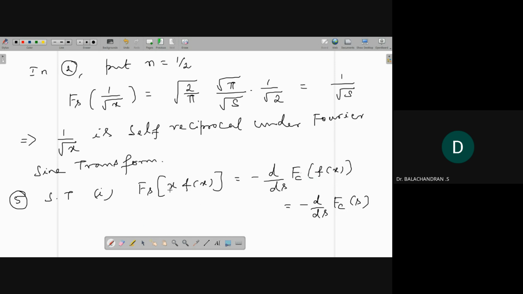So replace x by minus d by ds, and then instead of Fs, you should calculate Fc of f of x. Or you can write this is equal to minus d by ds of Fc of s.